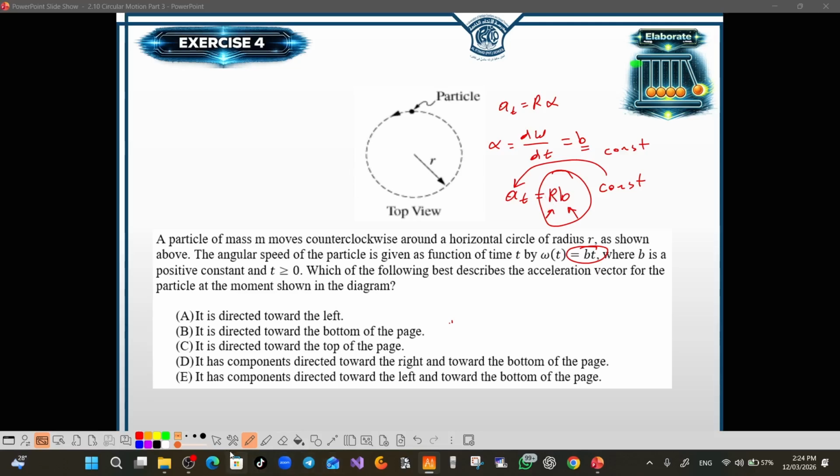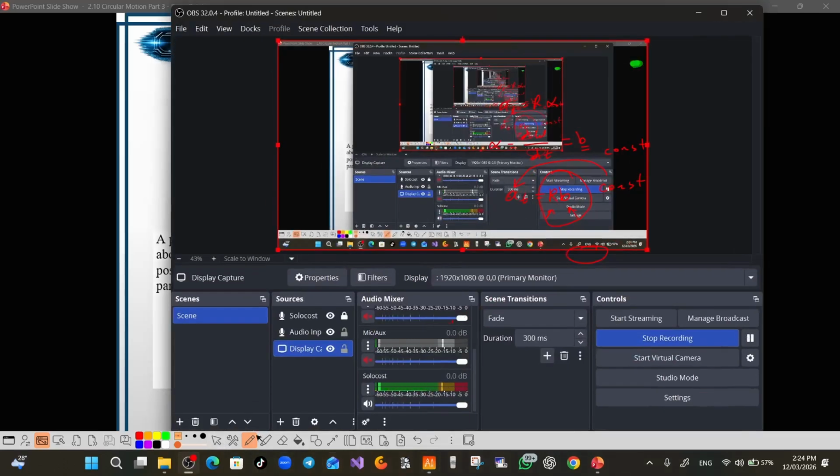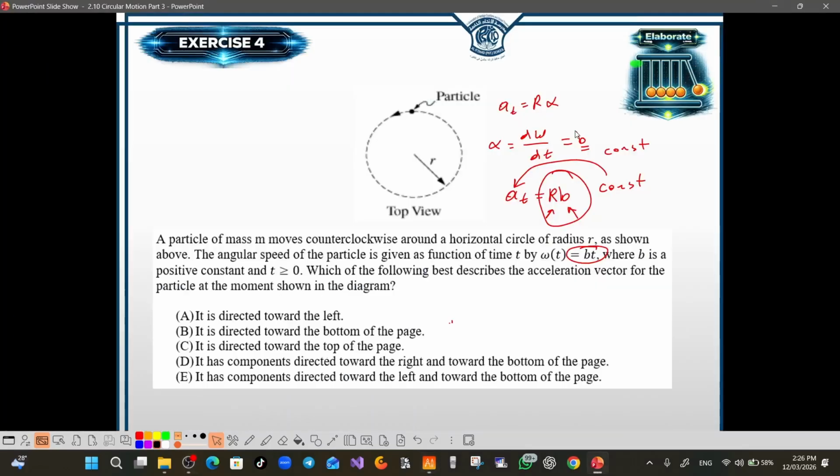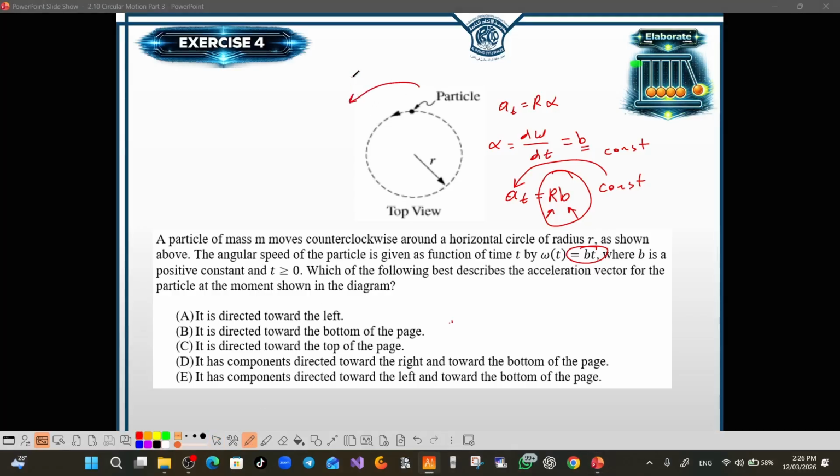So the direction will be within the positive direction, and we have defined in previous lessons that the counterclockwise direction is considered to be the positive.